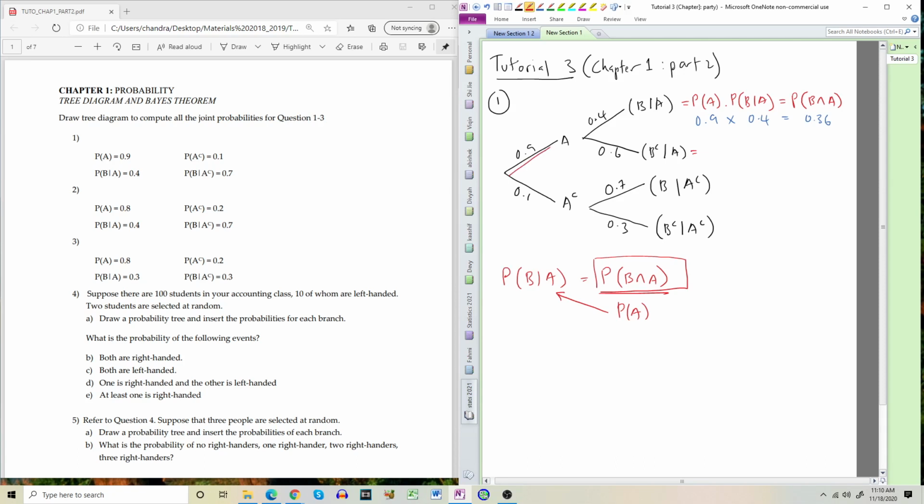I told you, if you go by branch, what you have to do is multiply P(A) by the conditional probability, and this would give you the joint probability of B complement and A. This one is multiplied with 0.6, giving 0.54.